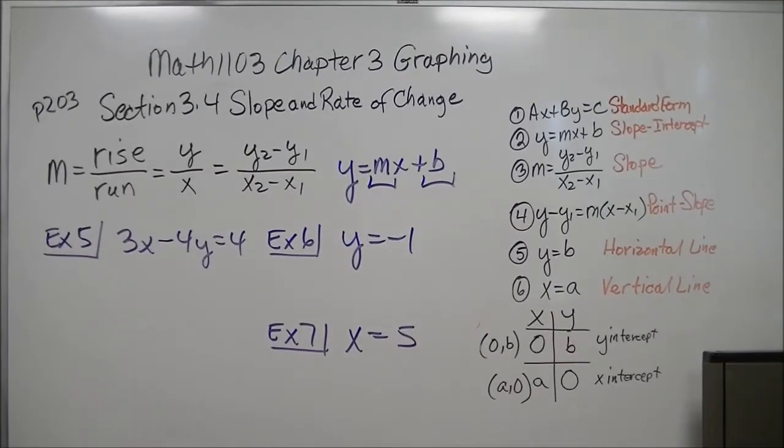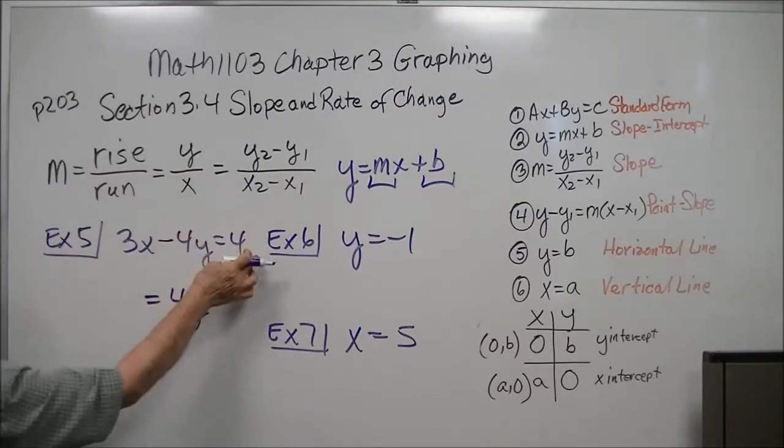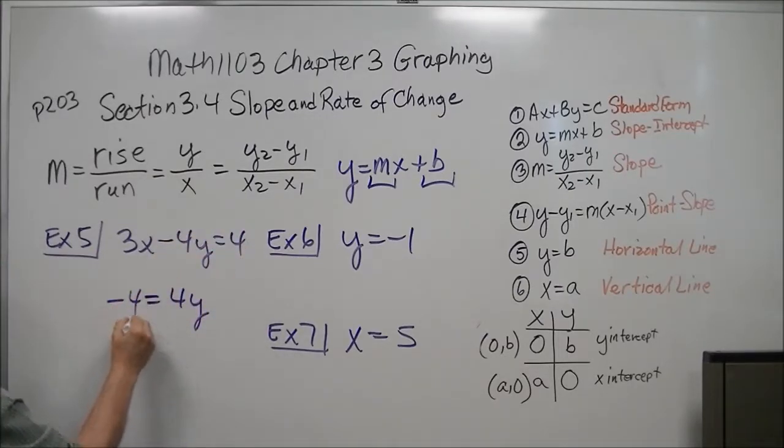Here we're going to show you a technique. Now, example 5 is in standard form. In order to easily pick out the slope, we have to solve for the letter y, a positive y. So I'm going to move the y over to this side to get it to be positive. Move the 4 over, it becomes negative, and then I have 3x.